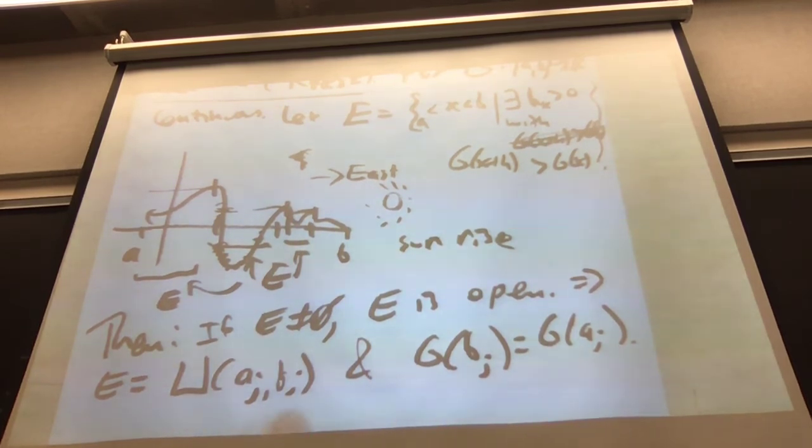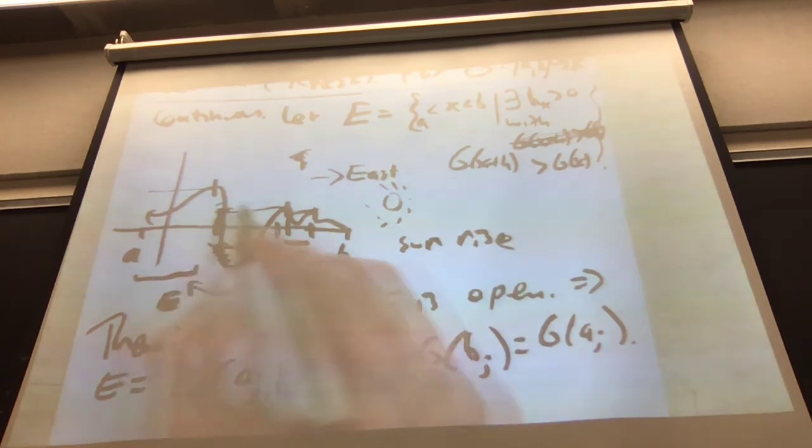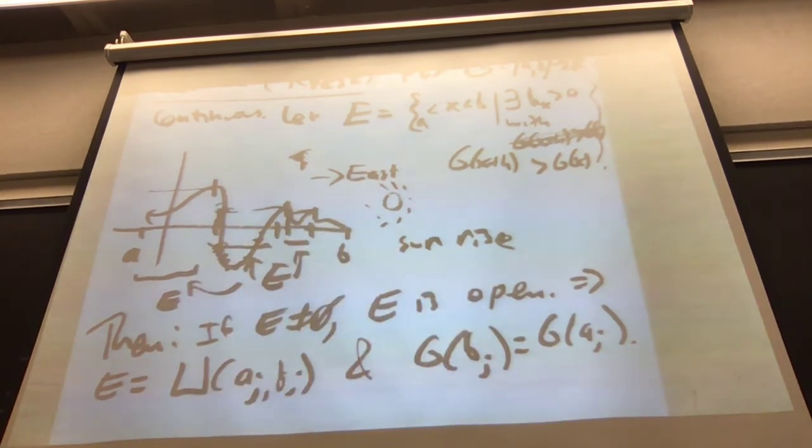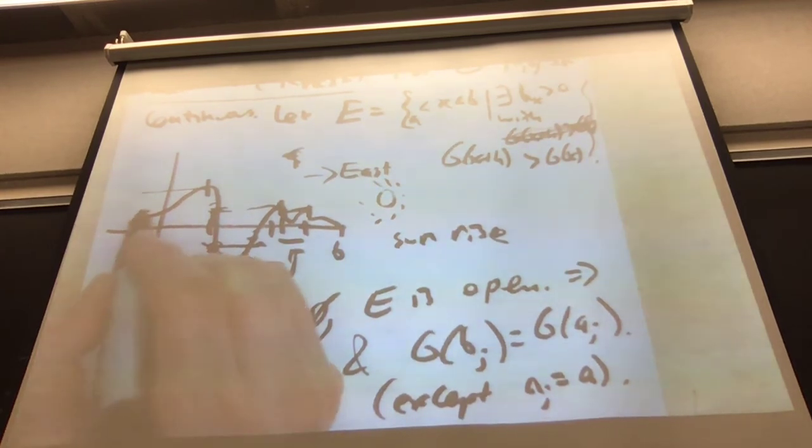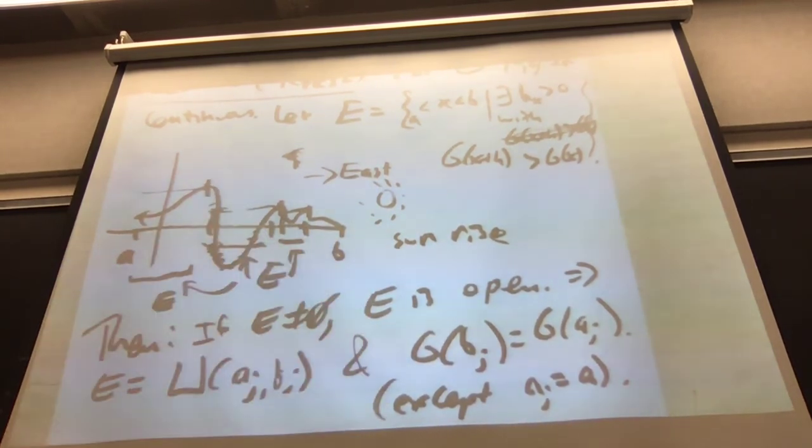These are the endpoints. Whenever you have these intervals, the value of g here and here is the same, except if a_j is equal to a, because there might be some initial piece for which that's not true.